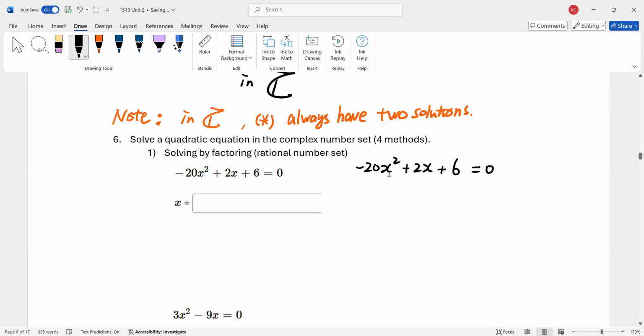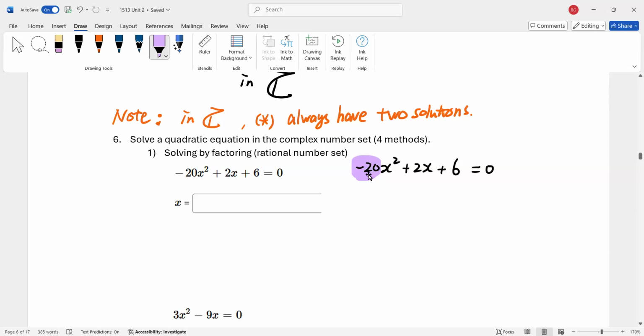Okay, and as you can see, the leading coefficient is negative 20. Leading coefficient refers to the coefficient of x squared. When we say leading coefficient, we mean the number in front of x squared. And we notice that number is negative. We do not like negative. Not just the leading coefficient being negative, we also notice the three coefficients in the quadratic trinomial on the left side have a common factor.